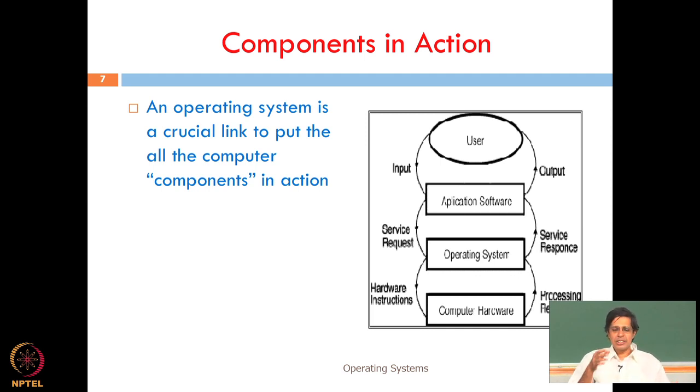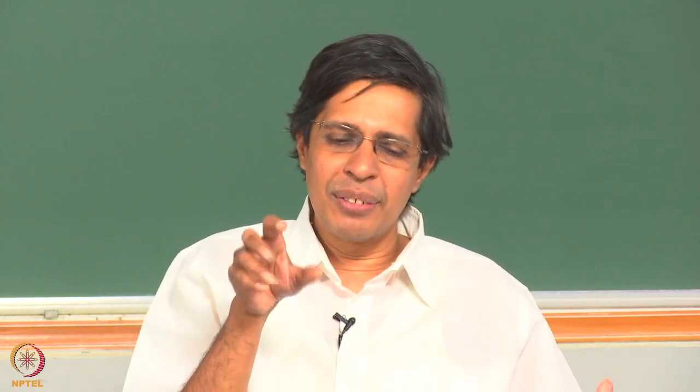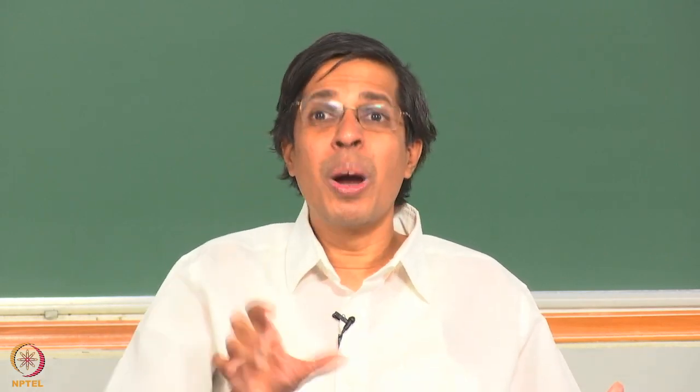So, this operating system translates your service request into a set of instructions that will be understood by the hardware. For example, you say printf something, the operating system will take that and through some means, through a device driver, it will go and tell the screen, the graphics processing part of your system, go and print this.